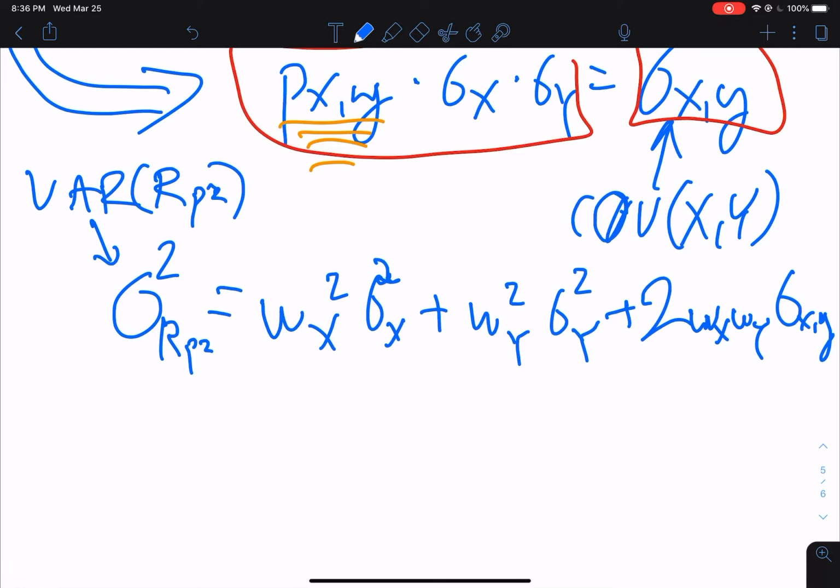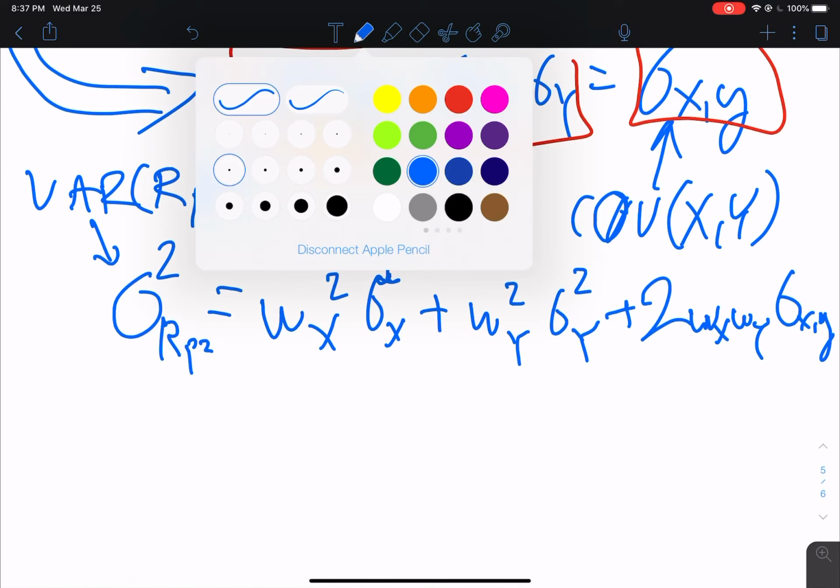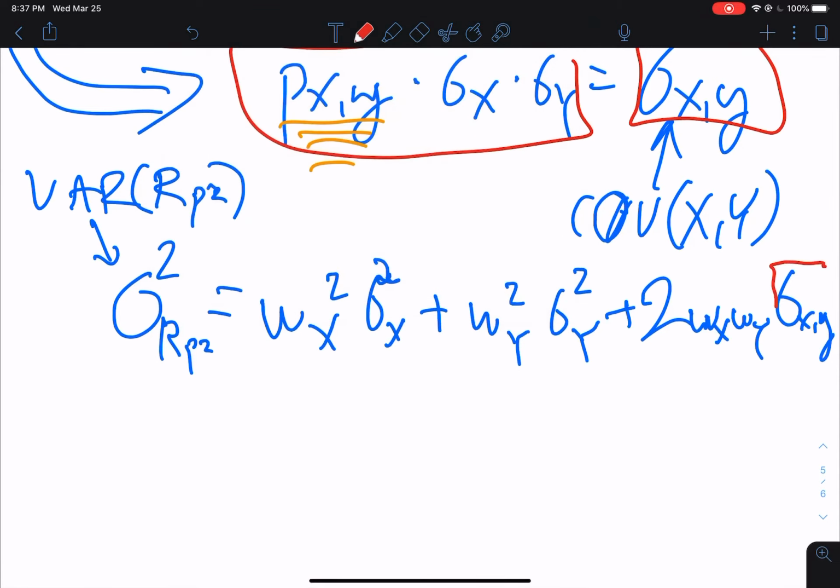And now I'm just going to plug in for this. I'm going to plug in this.